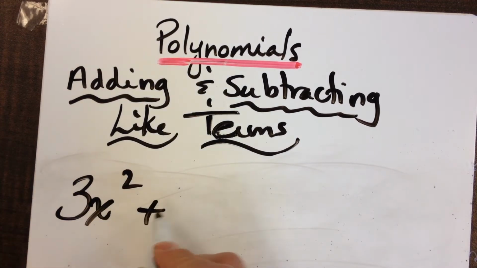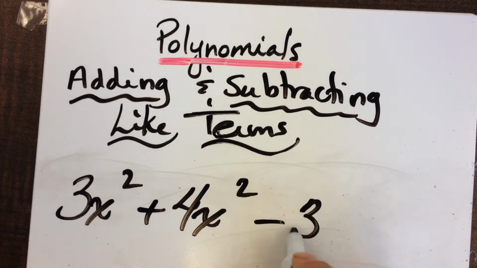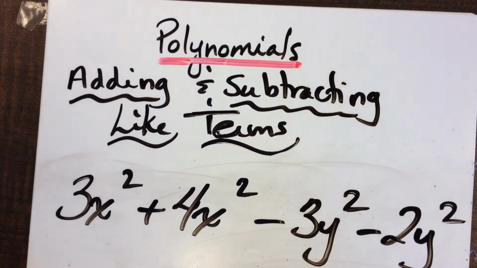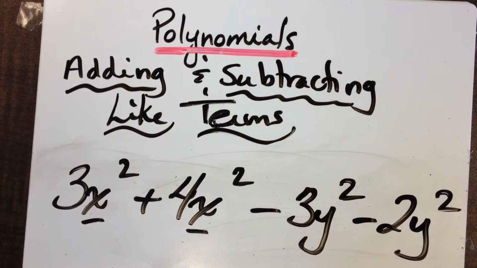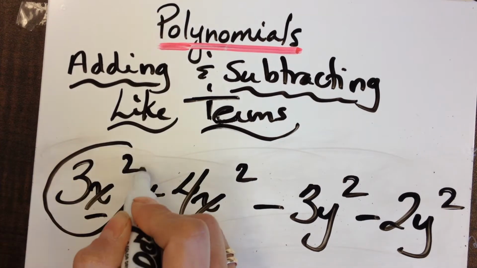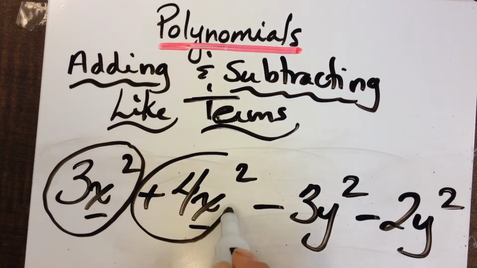And here we have, okay, so we've got the x squared family attending, and we have the y squared family attending. Well, how many of these families? In order to add and subtract like terms, you want to put them together. So what I'd like to do is I'm going to circle these, and I'm going to also circle the sign, because that is very, very important.